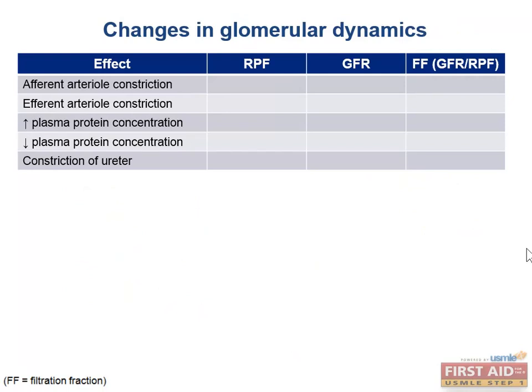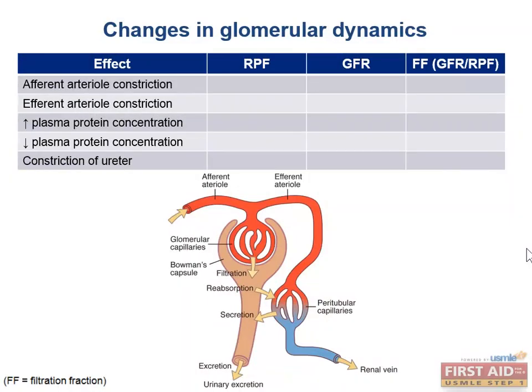Now let's continue our studies of filtration fraction by working through some changes in glomerular dynamics. To understand these changes, you'll have to know how blood flow through the arterioles affects filtration through the glomerulus. Constriction of the afferent arteriole is going to do what to renal plasma flow?